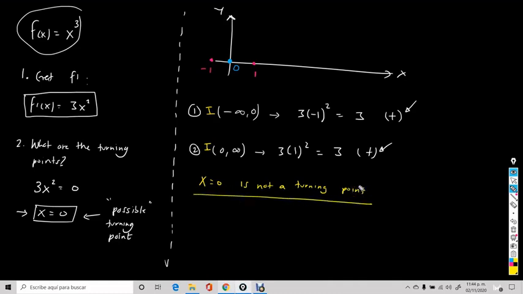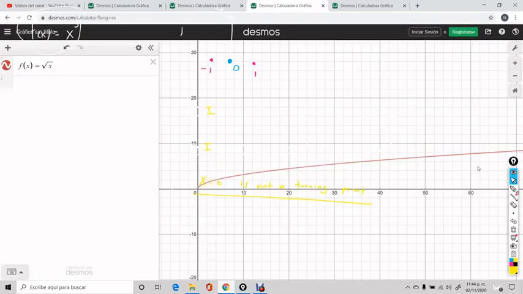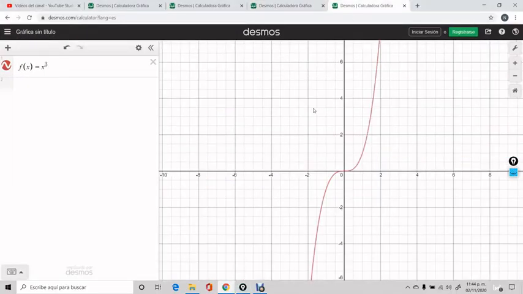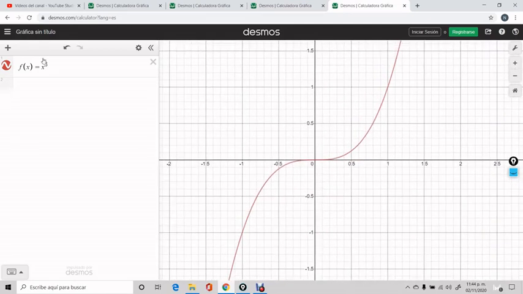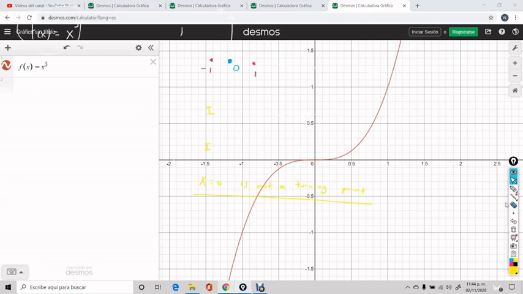And how does that look visually or graphically? Let's see. Look at this. There you have it. Look at what's happening to this function x to the cube when we are at 0. Let me erase everything already. What we can see is that the tangents, for example, look at this tangent. It's positive, so it's increasing. My function is increasing.